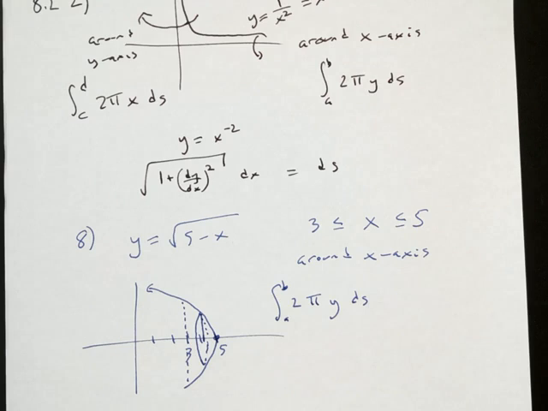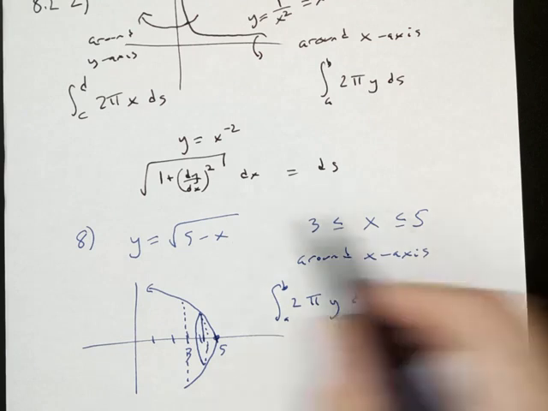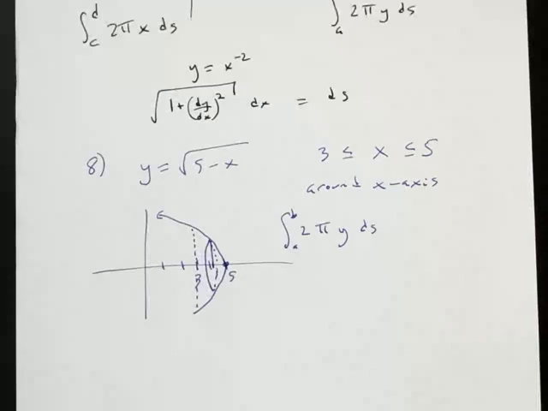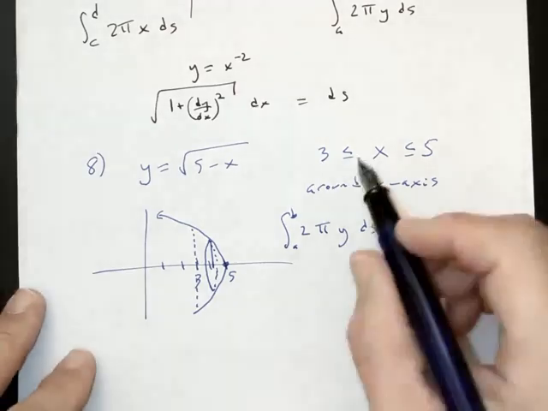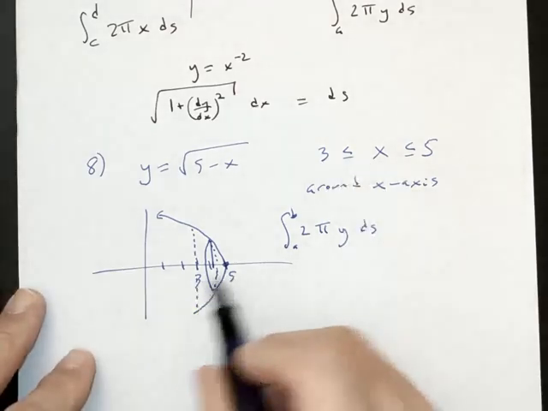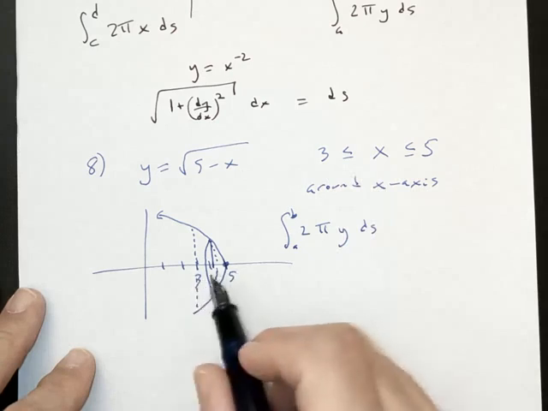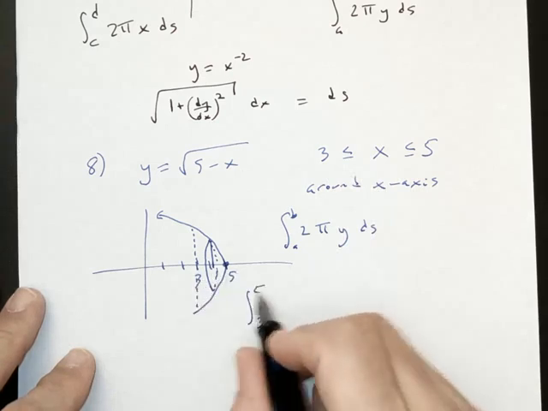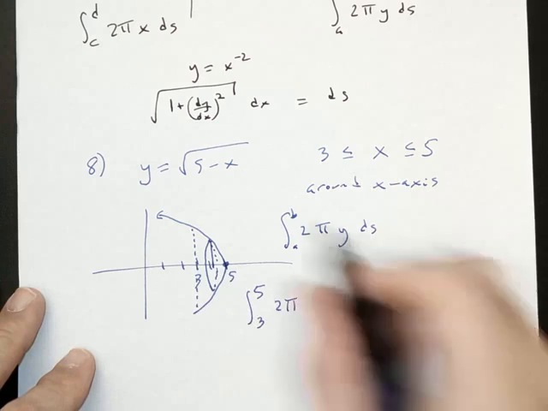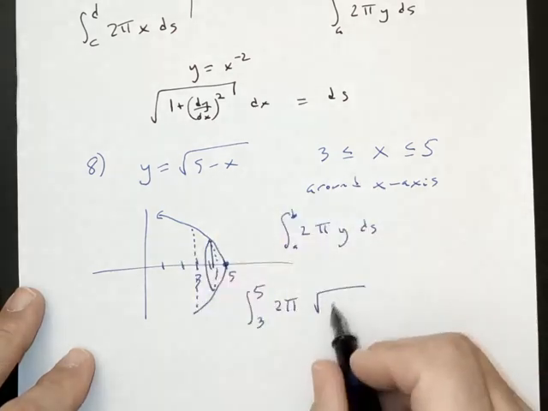But everything within this equation is going to be written in terms of x. Because all of these pieces are given in x, and I'm pretty sure it's going to be easier to work out the integral if I do that. Leo, we good so far? So, a and b are the limits of my integral. So I'm going to go from 3 to 5. 2 pi, y is this equation.